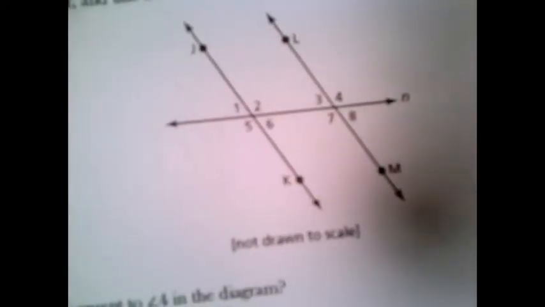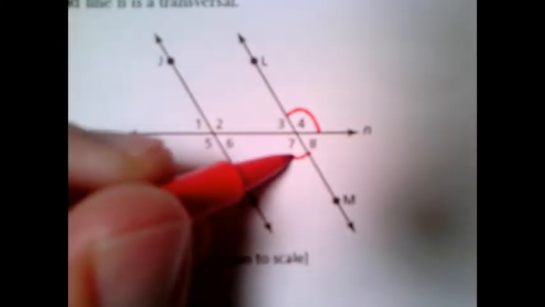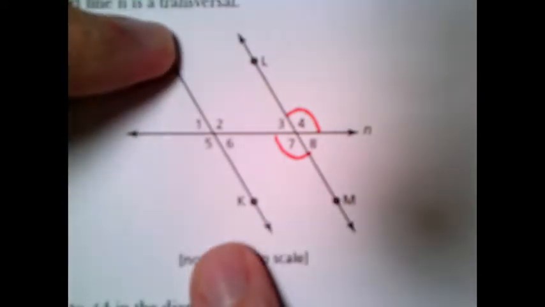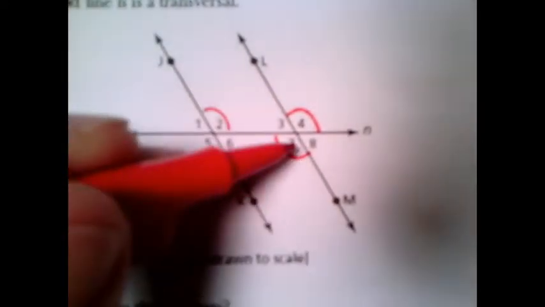Okay, so when we talked about these, we always said angles across from each other are vertical, and they're always congruent. So if here's angle 4, the one across from it is 7. So I can say 4 is congruent to 7. And then if I pick this line up and move it over here, 4 would go in the same spot as 2, and 7 would go in the same spot as 5.